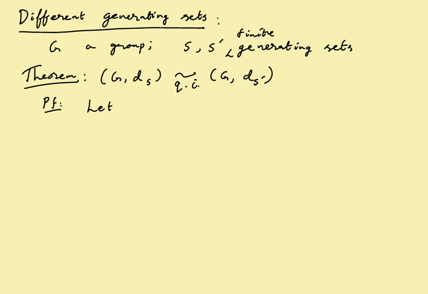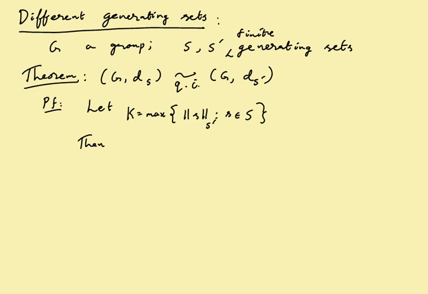We look at the set of all generators s in S and look at their S prime norms, the norm with respect to the other set. What do we know about the norm with respect to the other set? We don't know much actually. For example, it could be very long, but we know these are finitely many numbers. So if I take their maximum, this is still a finite number, in fact an integer the way we have set up, but finite is what matters.